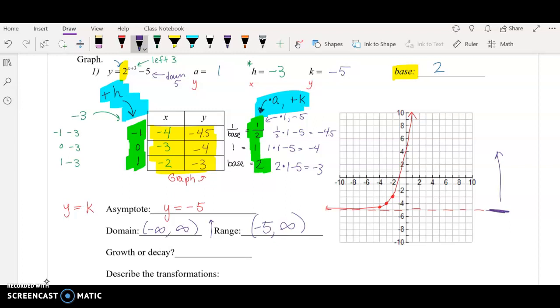Your growth or decay is based off of the base. So for this one, the base is 2, it's going to be a growth function. And to describe the transformations, we actually already kind of did that at the beginning of the problem. This is moved left by 3 and down 5. And now we can visually see that it does look like it's moved left 3 and down 5.